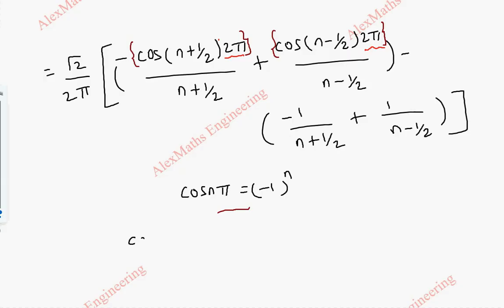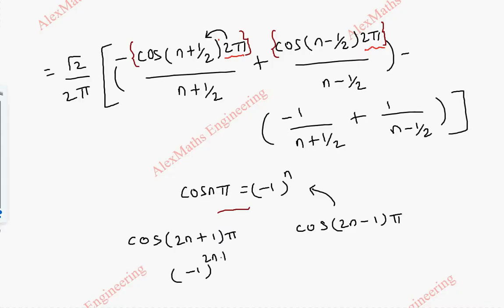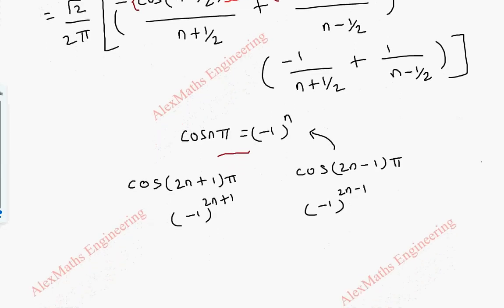Let's write here, that is cos of, let's multiply this 2 inside, so this will become 2n plus half into 2, 2 gets cancelled, so we get 2n plus 1 pi. In the same way, this is cos of 2n minus 1 pi. So using this formula, this will become minus 1 power 2n plus 1 and minus 1 power 2n minus 1. So again let's rewrite the steps from the beginning.